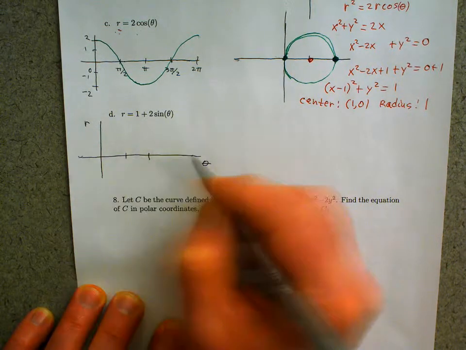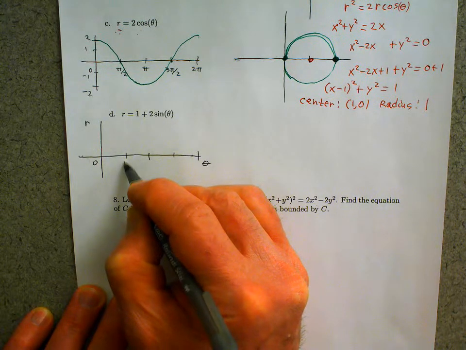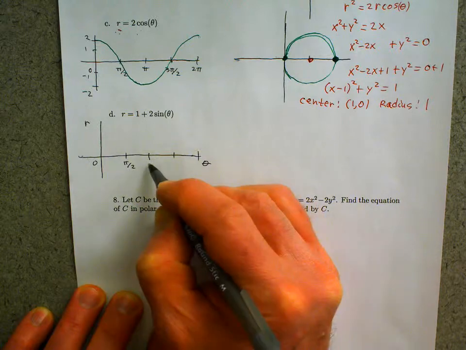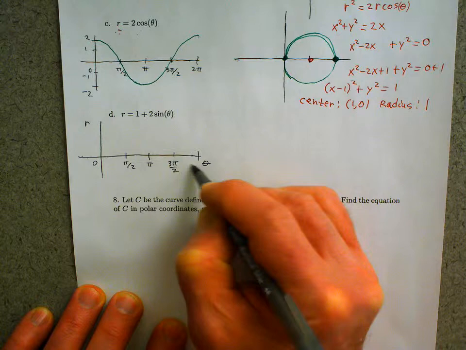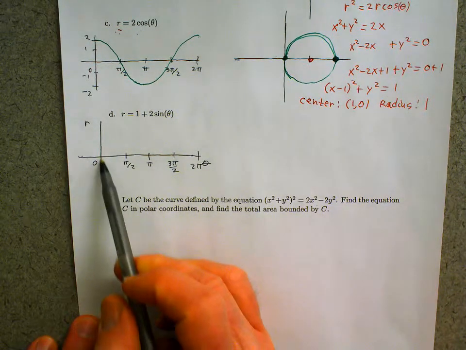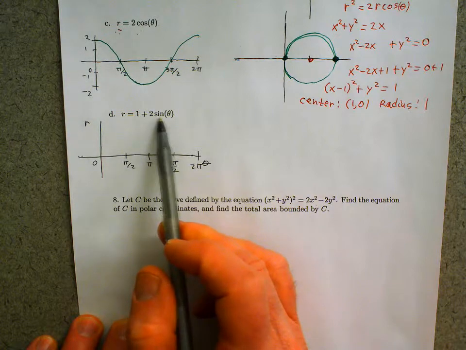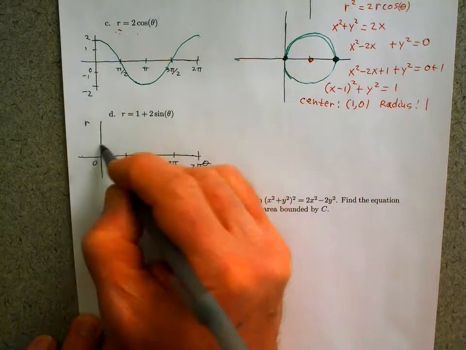So from 0 to 2 pi, when theta is 0, the r value is 1.